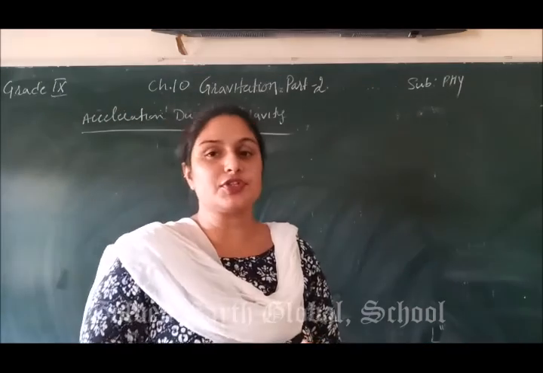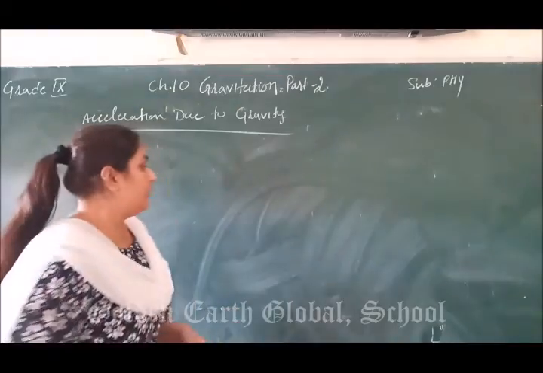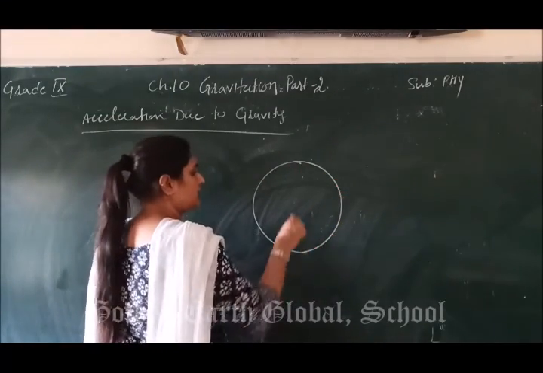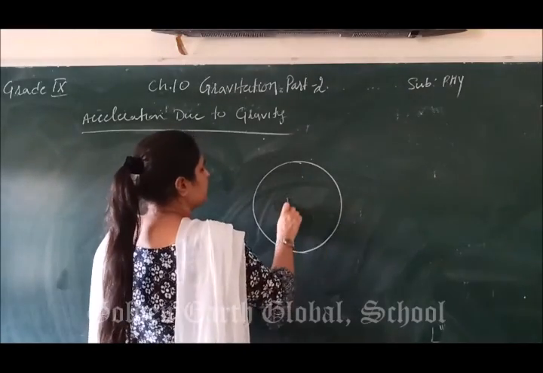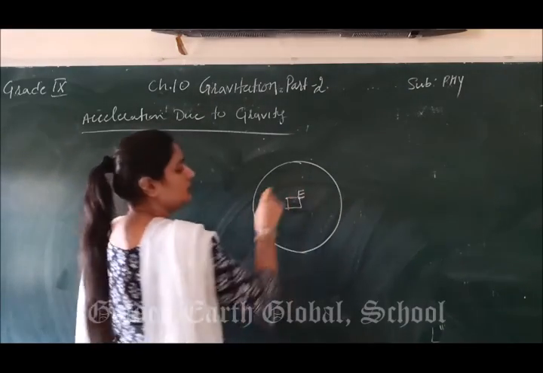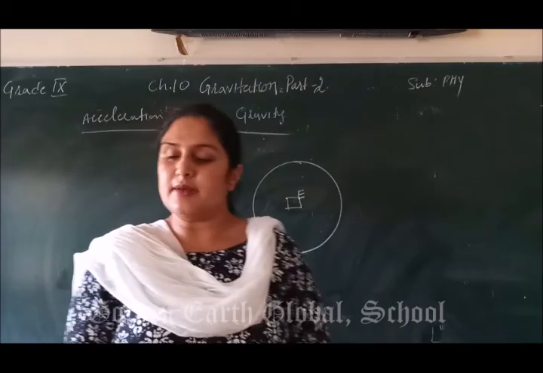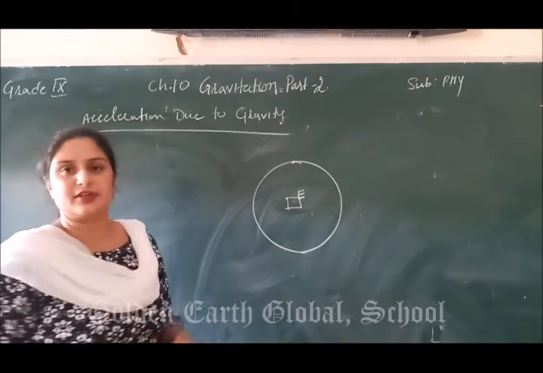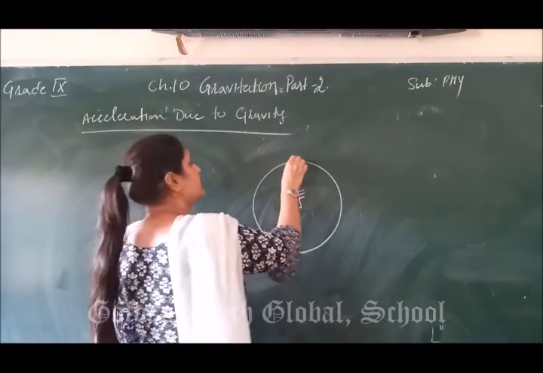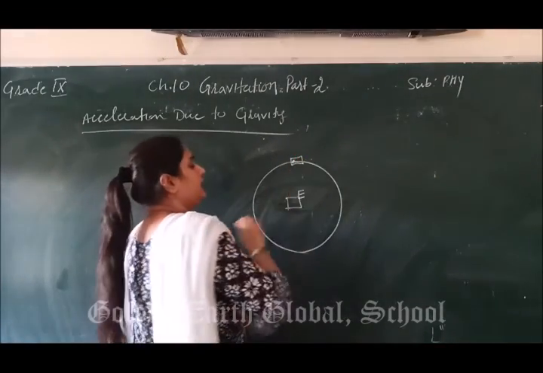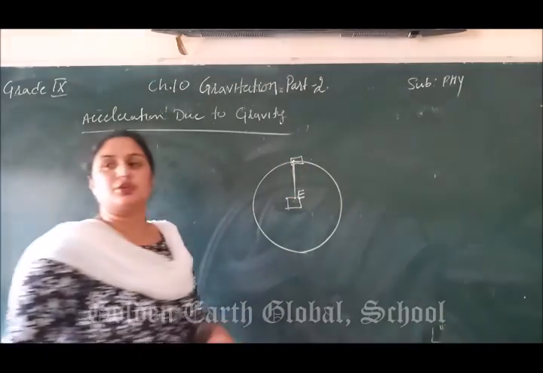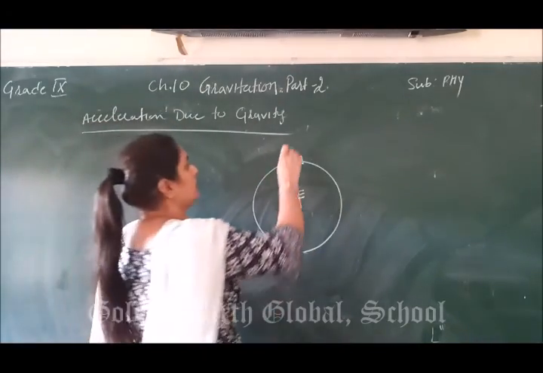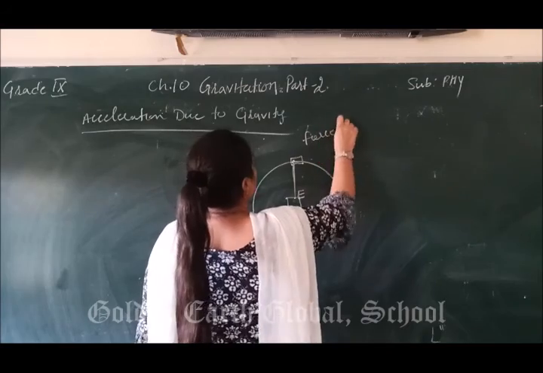But let us suppose here is the earth and there is some body that is revolving around the earth, say the previous example, the moon. In that case, the force of attraction that exists between the moon and earth is called the force due to gravity.